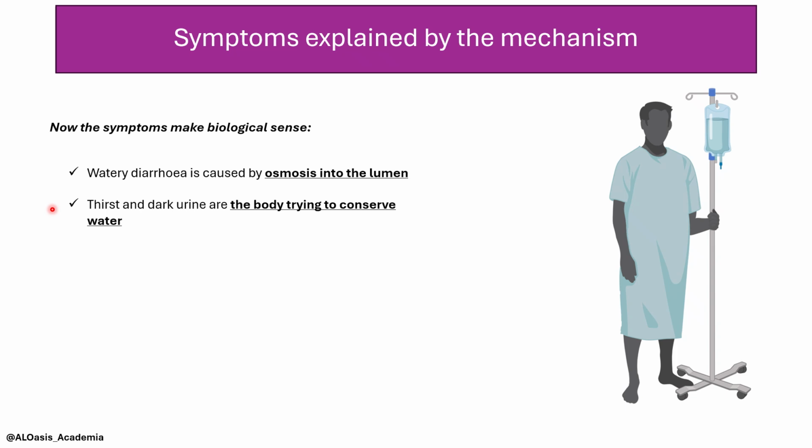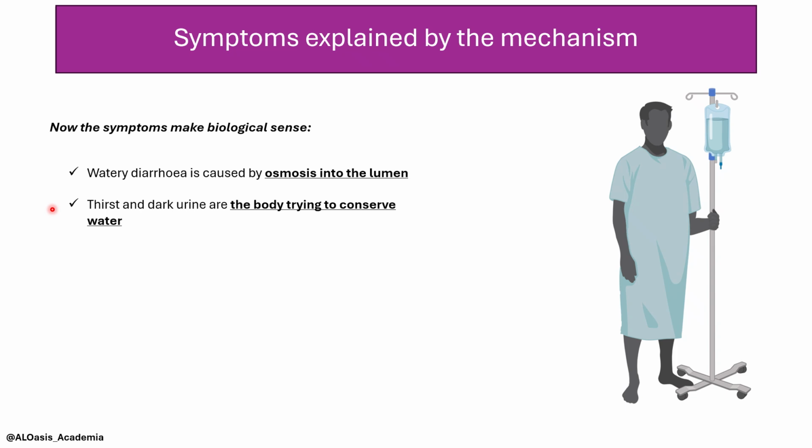Another symptom of cholera is that patients have episodes of thirst and dark urine. The reason is that it indicates the body is trying to conserve water. Why is the body trying to conserve water? Because large volumes of water are being lost in the small intestine because of the effect of the cholera toxin.